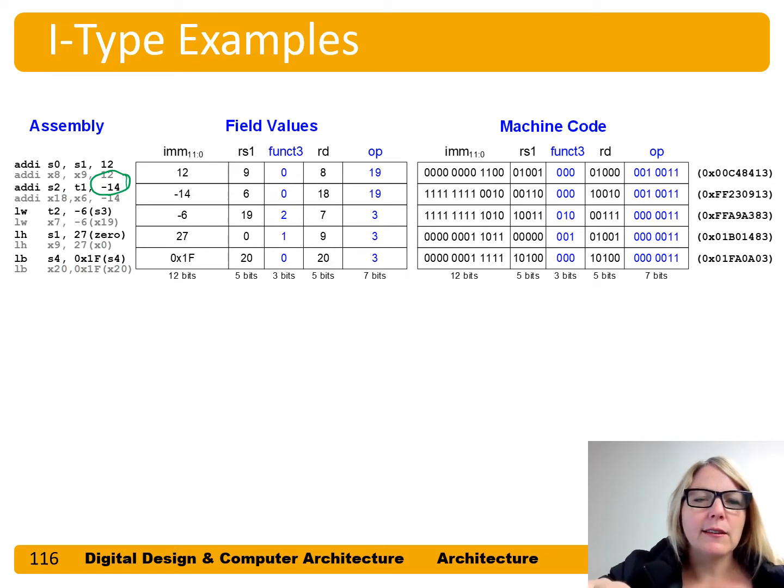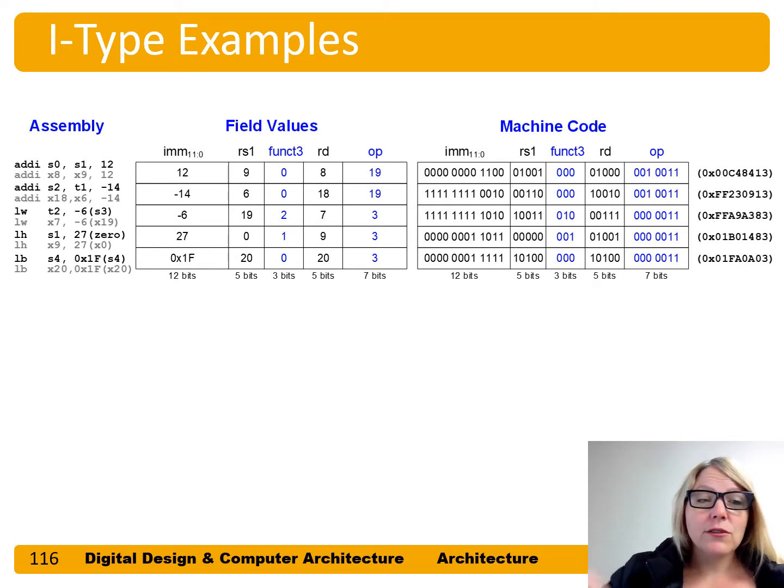It's add immediate again, so the opcode and funct3 codes are the same. But now we have a negative number, negative 14, and you can tell this is the 12-bit representation of minus 14. That's a negative number just by looking at that sign bit.